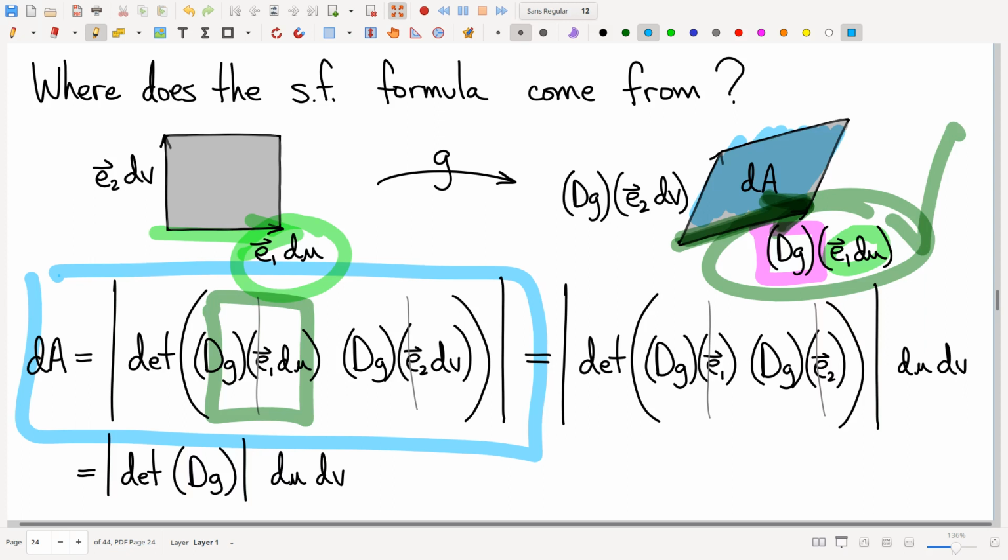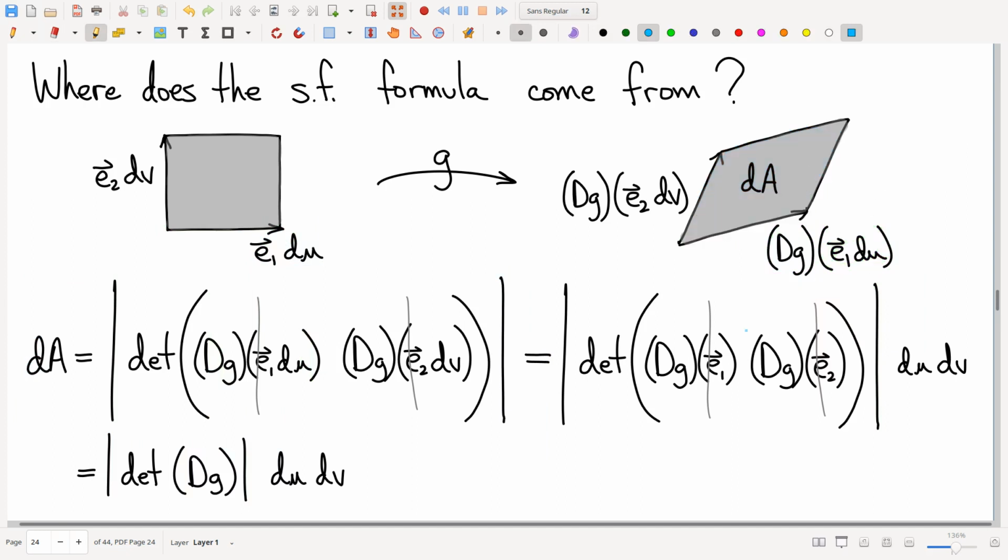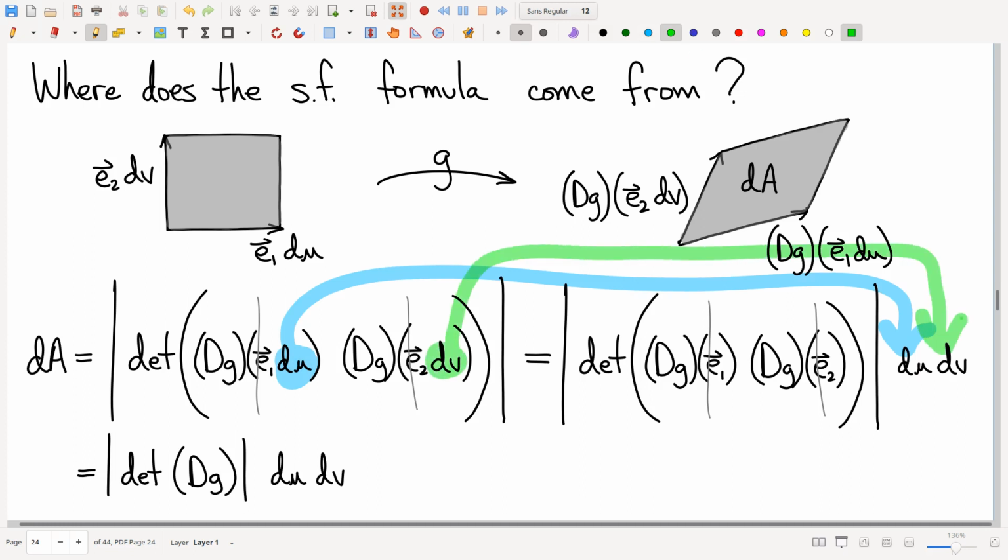So what we see here, we've directly computed this first edge vector, and then I'm going to say analogously the same deal. That second edge vector is that. And it's kind of all over at this point. A couple of algebraic observations to make. One is that constants like du will factor right out. Likewise, dv factors right out.